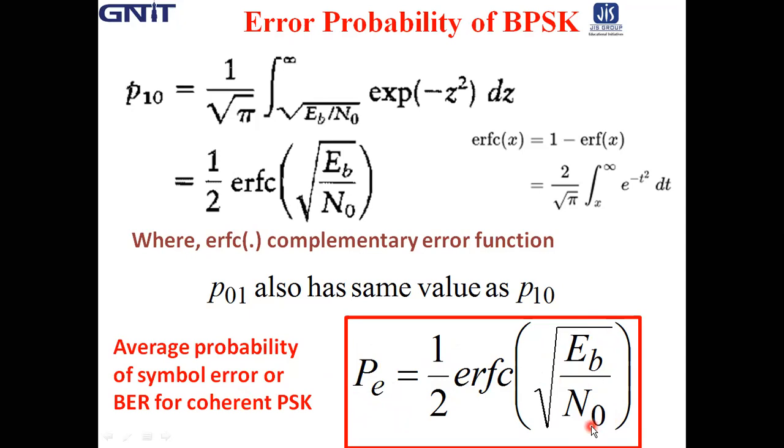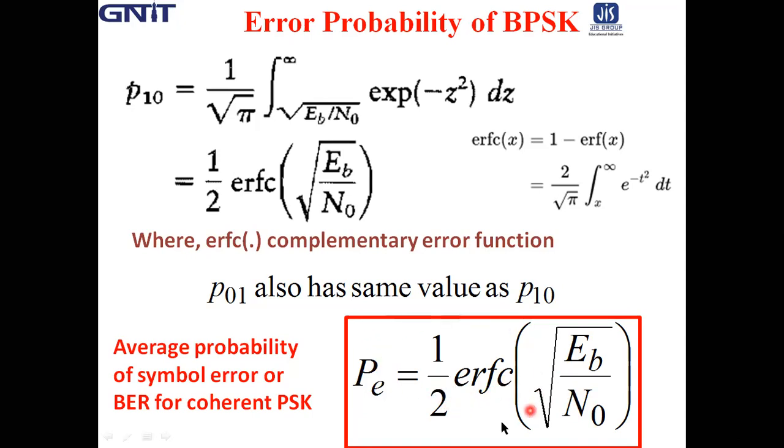As we increase the transmitted signal energy per bit Eb for a specified noise spectral density N0, the message points corresponding to symbols 1 and 0 move further apart, and the average probability of error, that is Pe, is correspondingly reduced in accordance with this expression, which is intuitively satisfying.